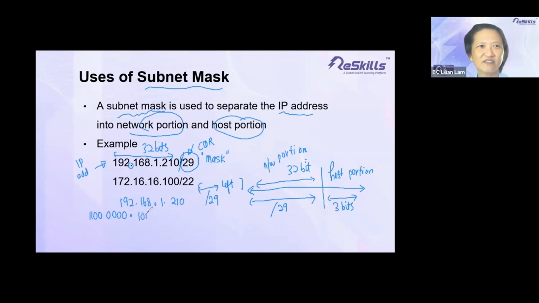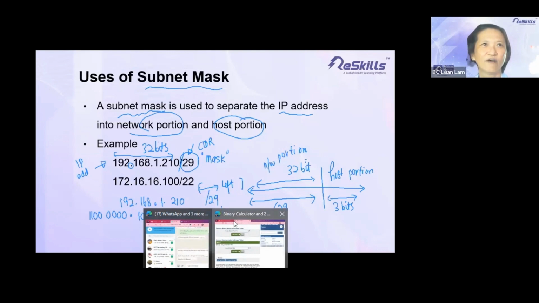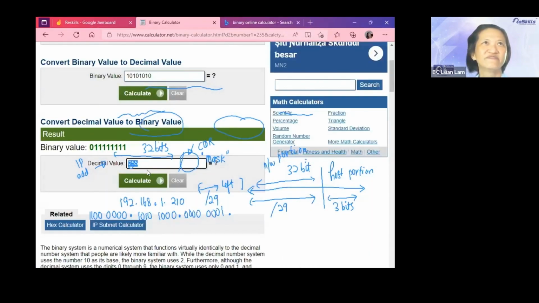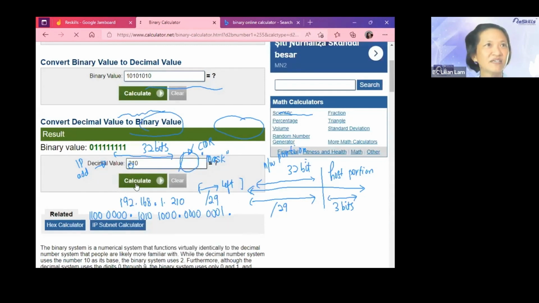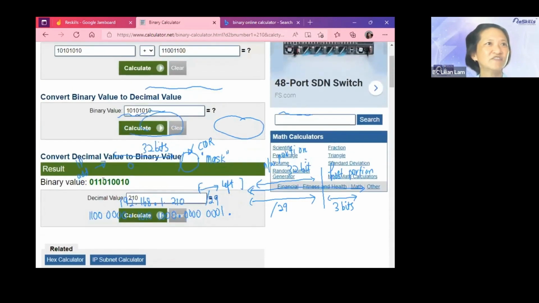And 168 is 10101000. 1 is 00000001. Now 210 will be 11010010.